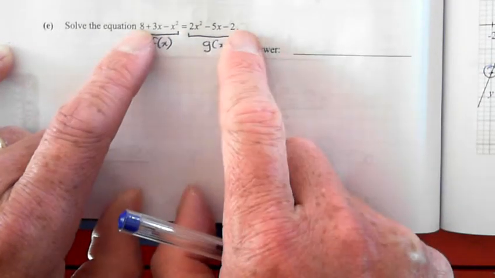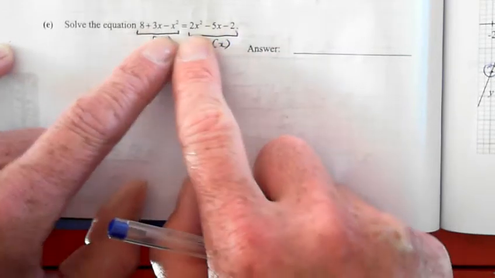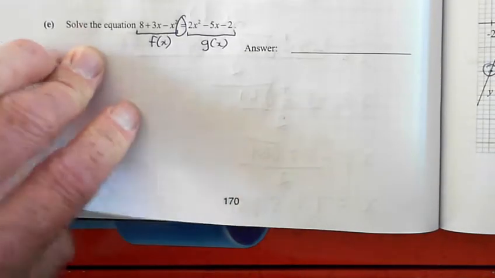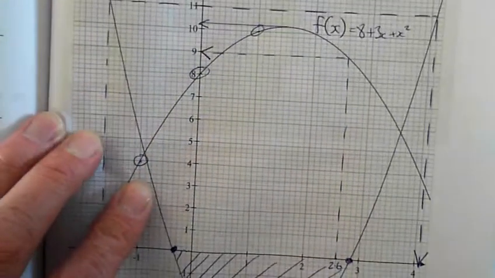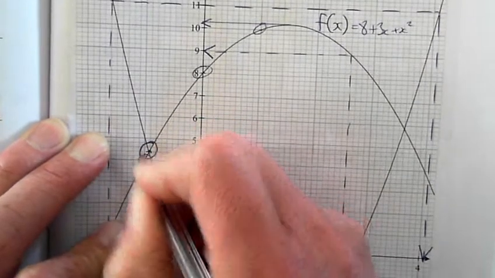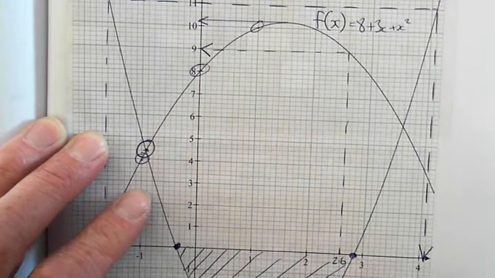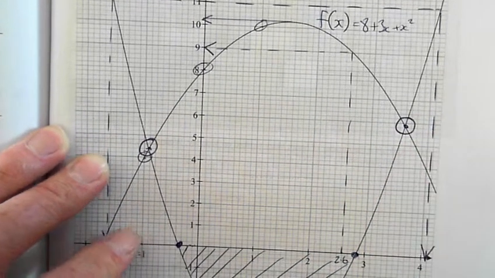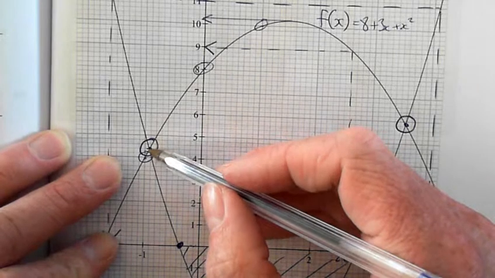Where are the two graphs equal to each other? Where they meet. So go to the graph. Where did they cross? They cross here, at that point, and they cross over there at that point. So you just have to find the coordinates.